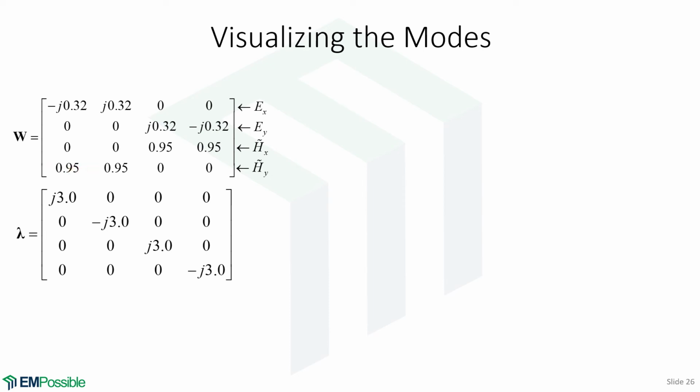We don't know yet what the z components are, but given the x and y components, we can go back to those original equations where we solve for the EZ and HZ components and figure out what those are. But we don't really care about that now. So we only know EX, EY, HX, and HY. And I've written the eigenvalues right below them. So we can see, okay, this eigenvector is associated with this eigenvalue, this eigenvector is associated with this eigenvalue, and so on. Let's look at the first mode.